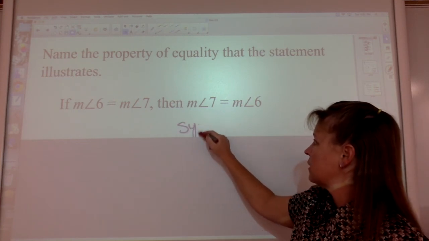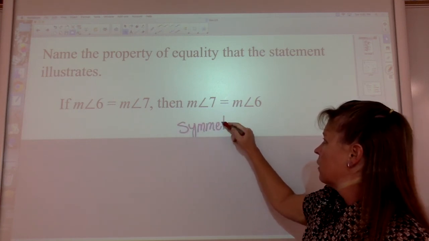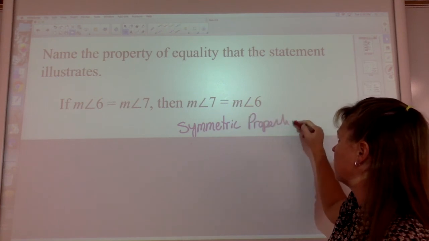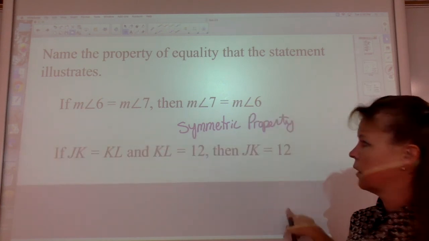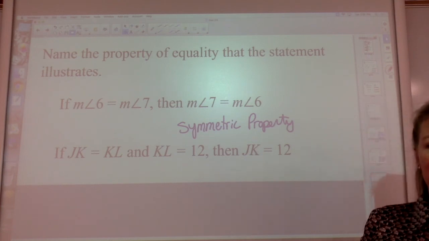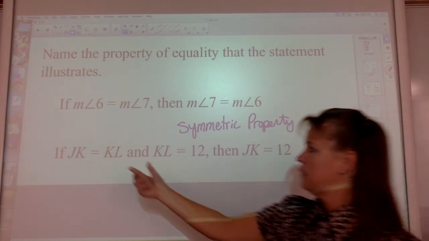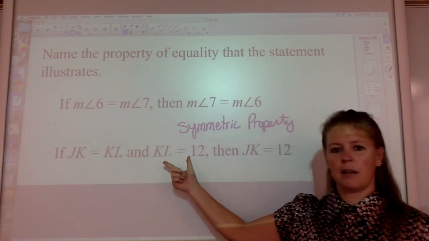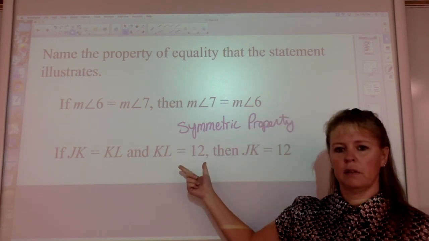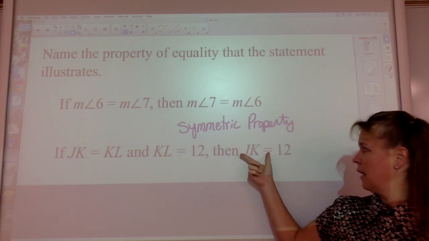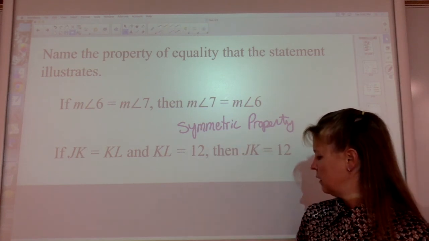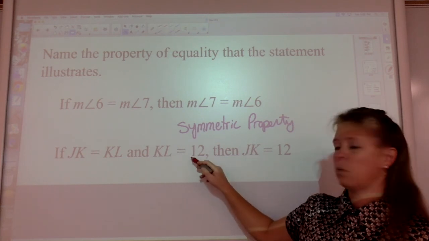And that is the symmetric property. Of course, you have to write property also. Next, why can you take the measure of segment JK, which is equal to KL, and the measure of segment KL, which equals 12, and then we take this JK and we say, well, JK is 12 also, because KL and 12 are equal.